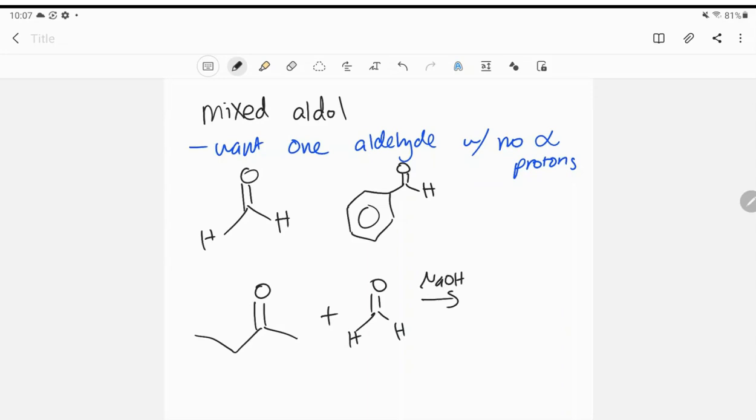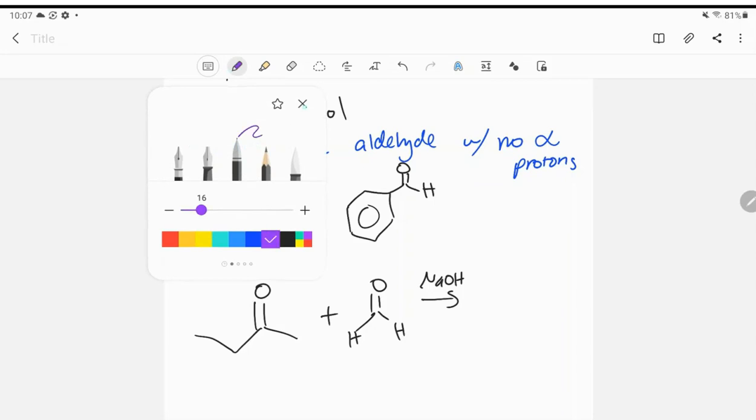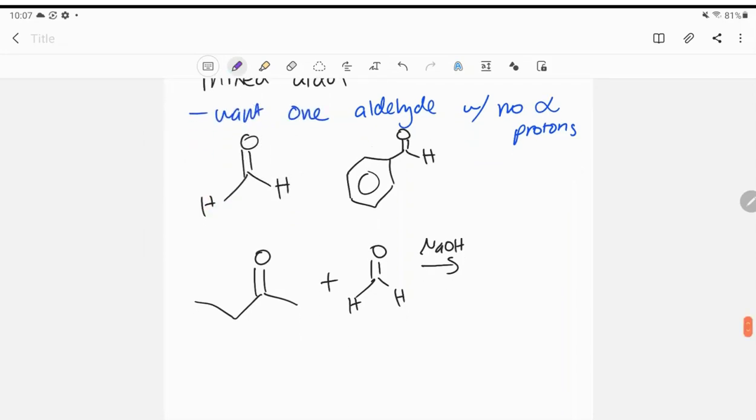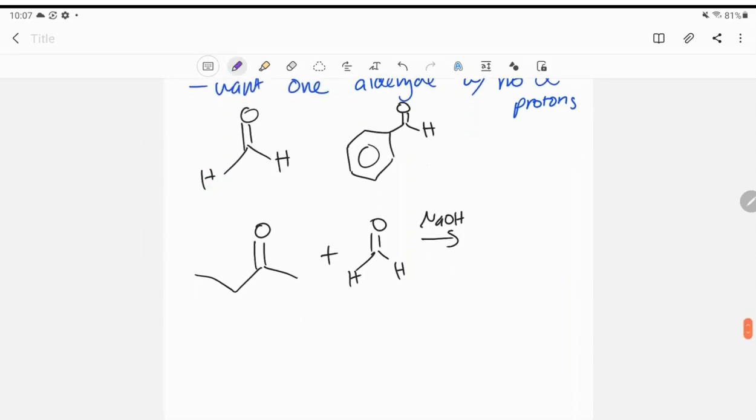But let's analyze these compounds. If we were to compare which one of these is the better electrophile, we would remember that aldehydes are better electrophiles than ketones are, right? Because they are less stabilized. There's no hyperconjugation stabilizing the resonance form that has the carbocation.